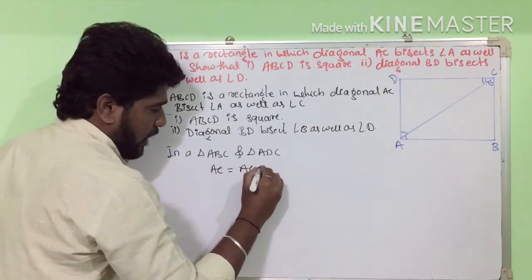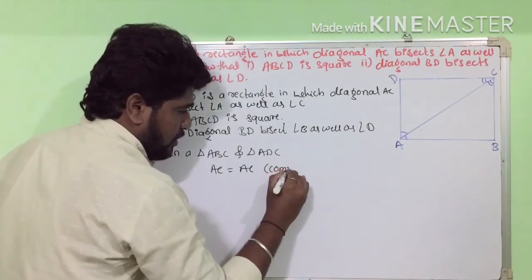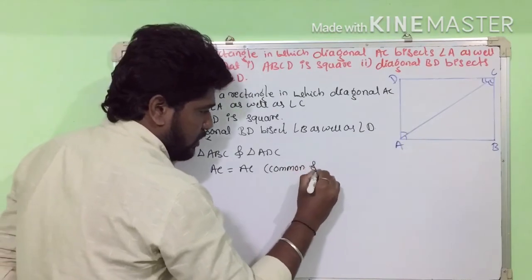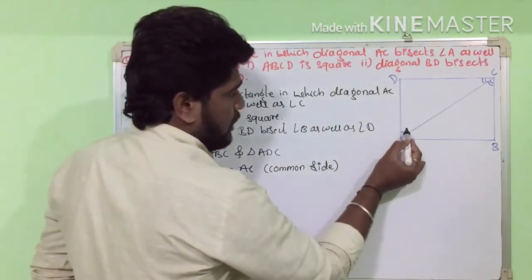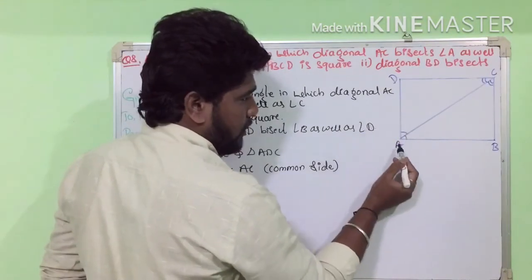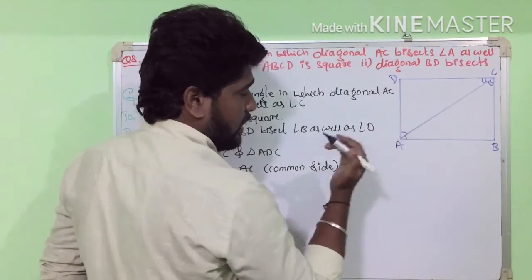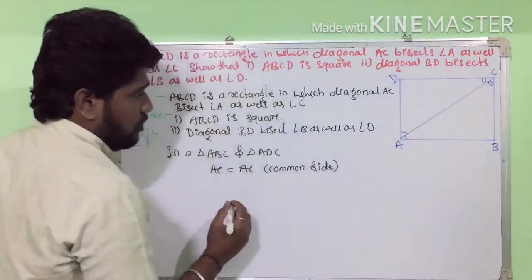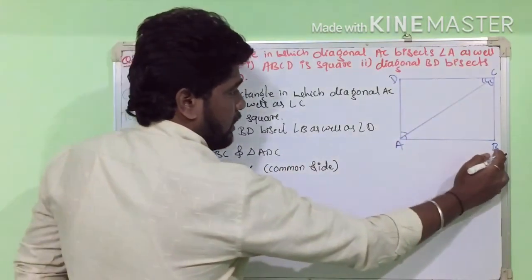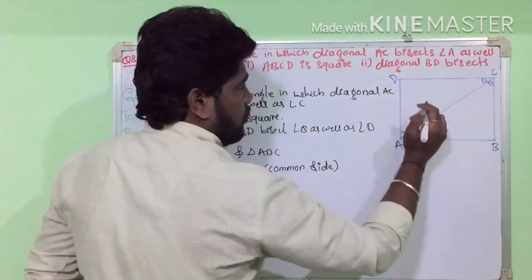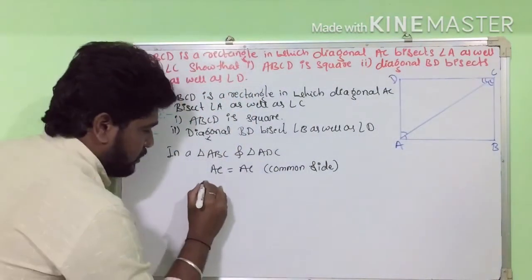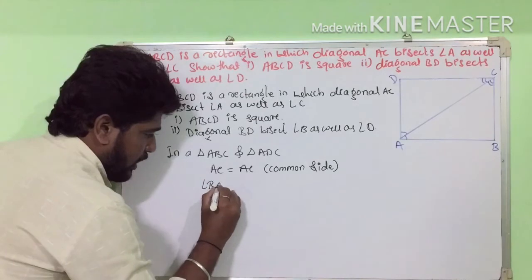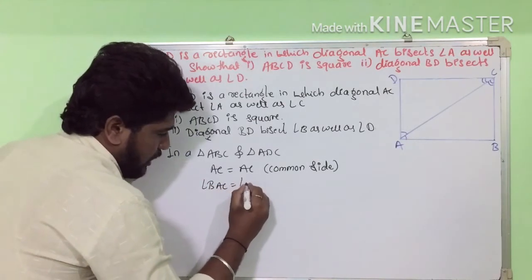AC is equal to AC, common side. And see here these two angles are equal. They have given it because AC bisects angle A. So angle BAC is equal to angle DAC.